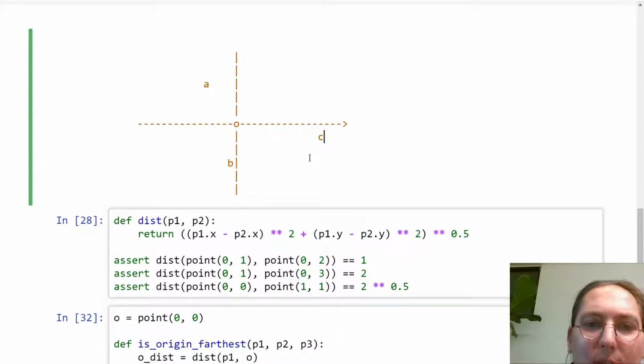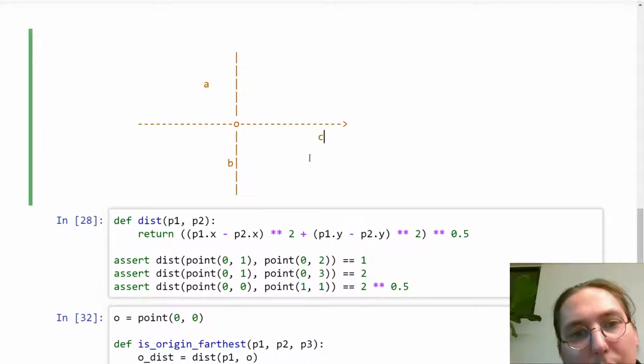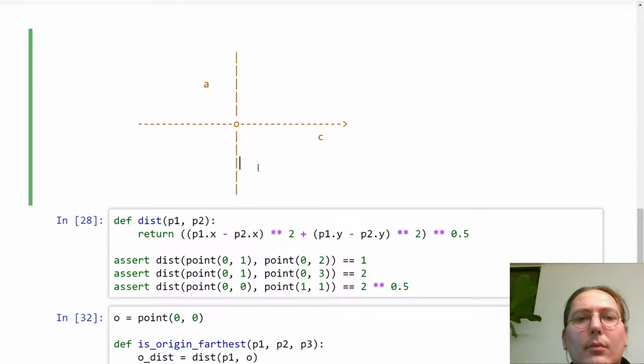So if this is the same, then that means that B is not further away from O. Oh wait, no. This example should make this distance smaller. Like C, maybe we can make it here and B still here.